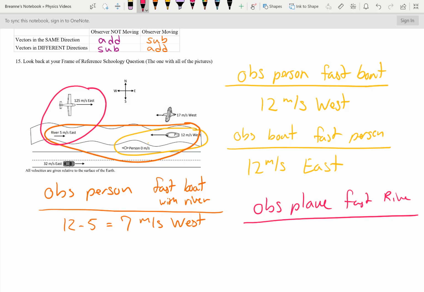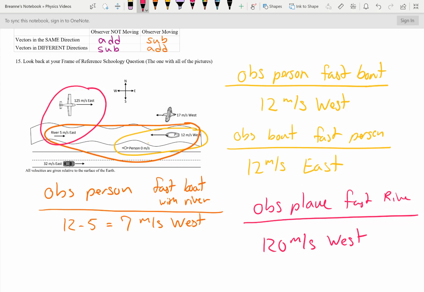The river will look like it's going at 120 meters per second, but since the river is going slower than the plane, it'll actually look like it's moving west because the plane is able to pull away from the river.